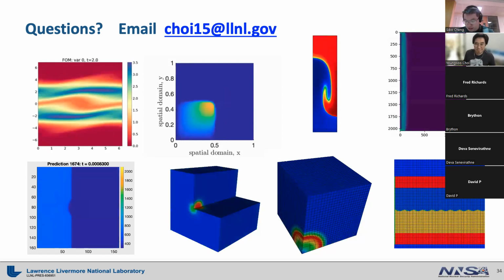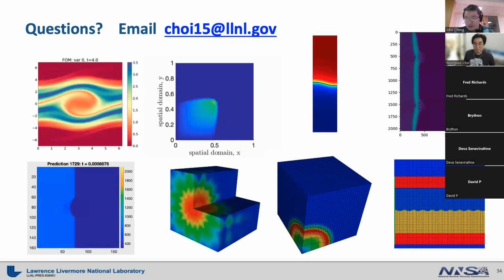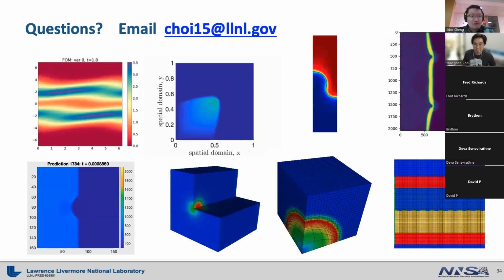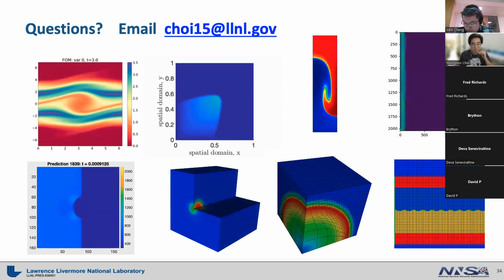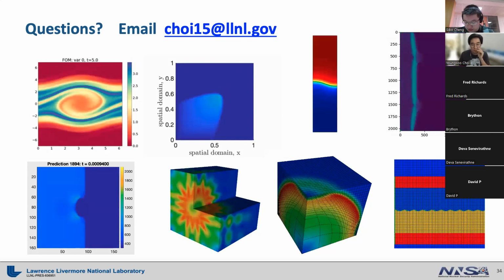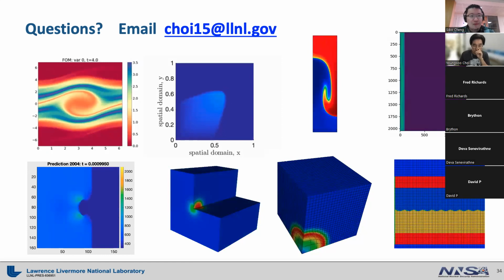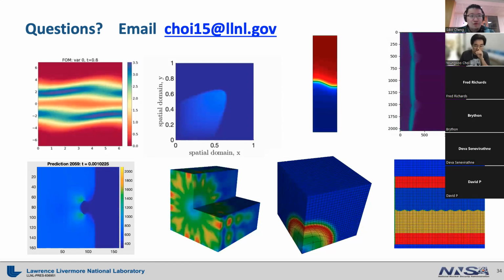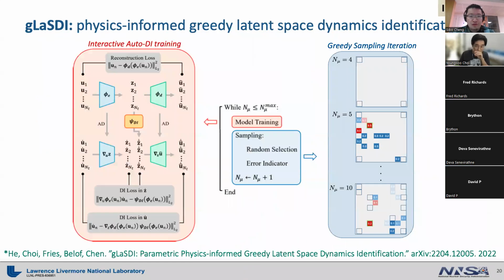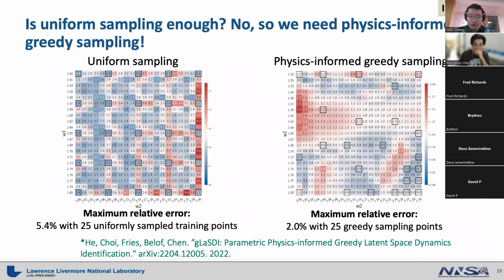At the same time, I have a couple of questions, so maybe I can start. Youngsoo, I don't remember the exact slide, but when you presented the physics-based greedy sampling methods, we can see that you can transform the error distribution. Where you present the heat map, at the beginning you can see a high value of the error on the board, and then you transform that to the left side, as you said.